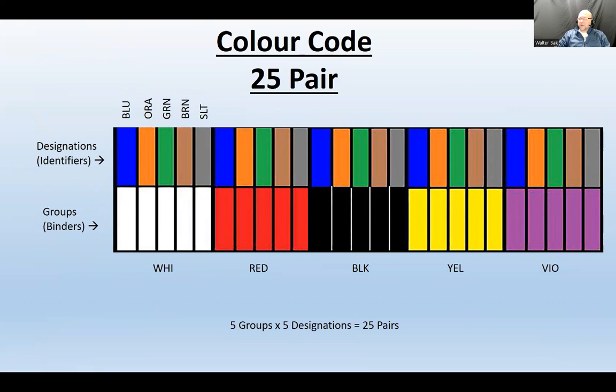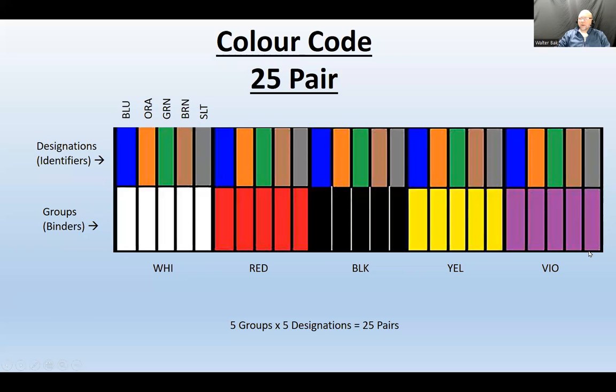Let's talk about the 25 pair color code. If you count these columns here, you're going to count 25. Here's the first pair, here's pair number 25.